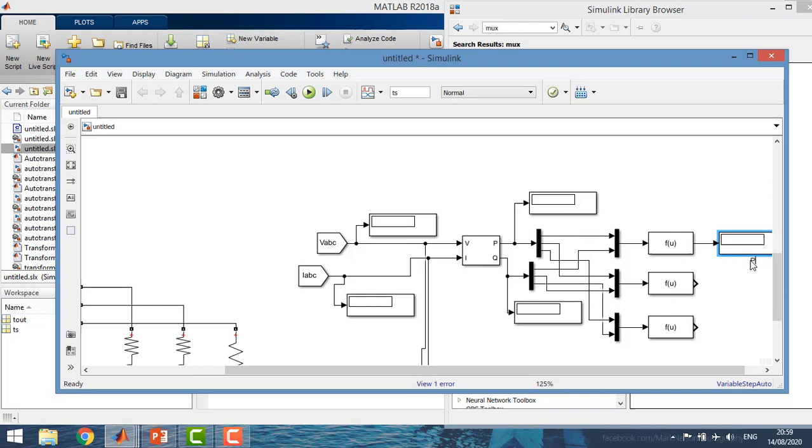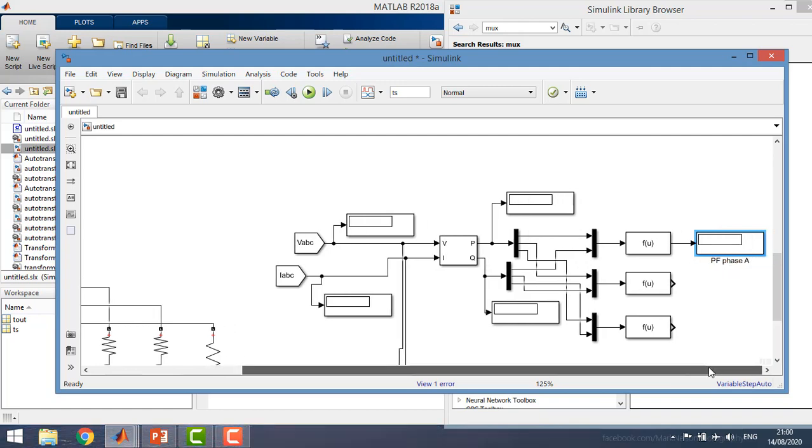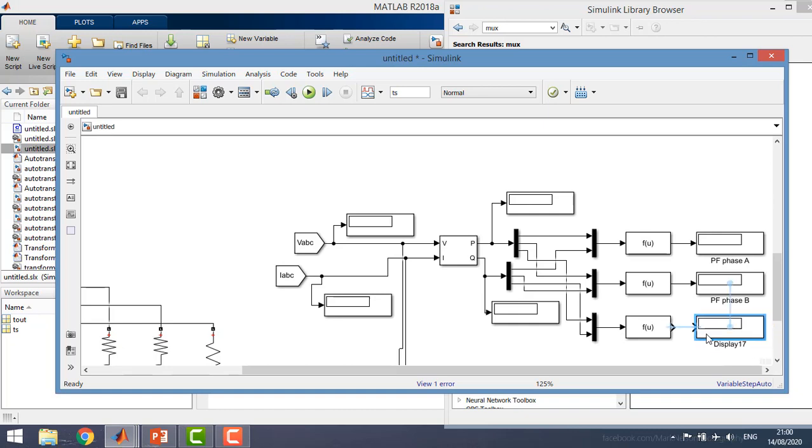So the power factor for phase A, phase B, and phase C.